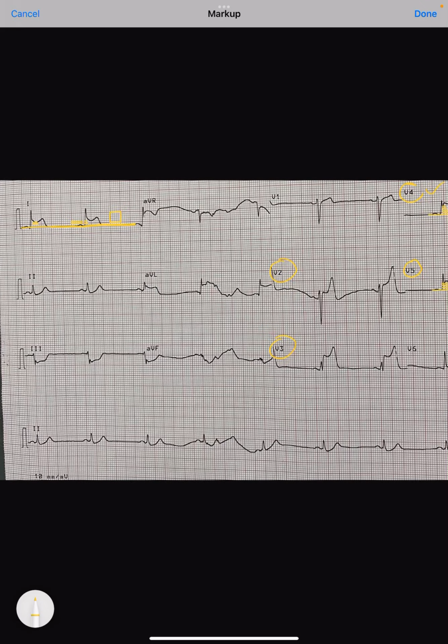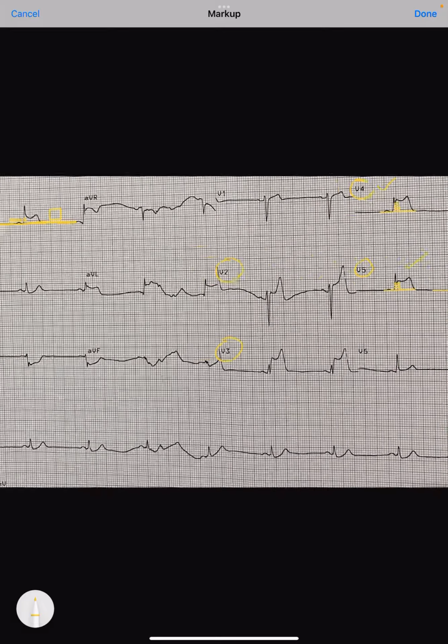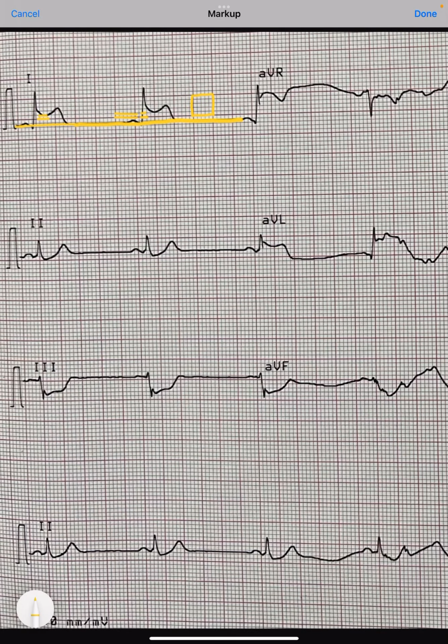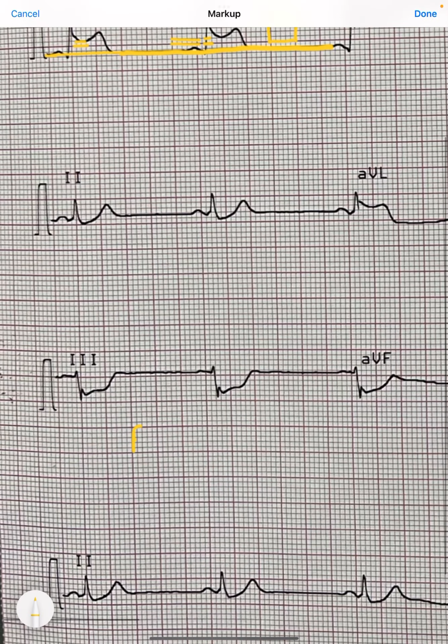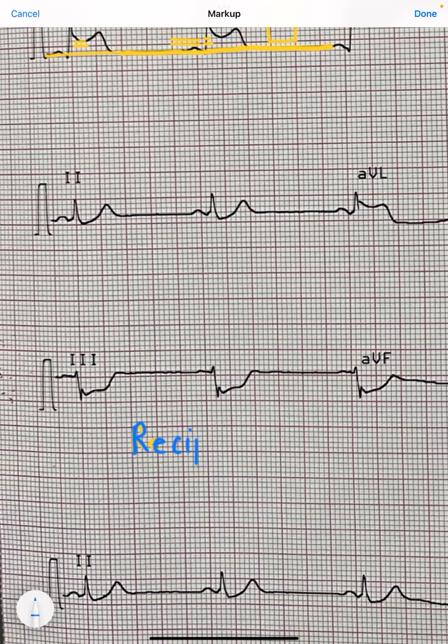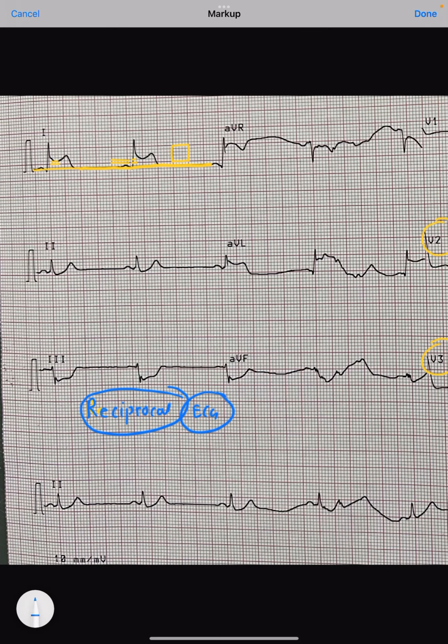The second thing is key: if this ST elevation is associated with ST depression, we call it reciprocal changes. If reciprocal ECG changes are there, then it is almost 100% sure that this is an acute MI or acute cardiac event.